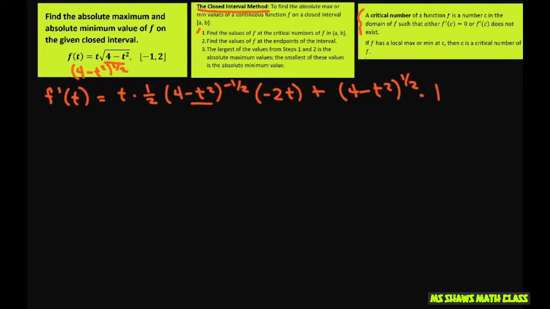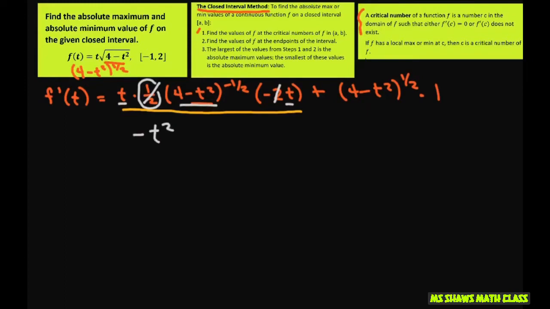Now the algebra is going to be a little tricky, so let's clean it up a bit because we have to find the critical numbers. These two cancel because 2 times 1/2 is just 1. So we have t times t, and it's negative, so we get negative t squared.